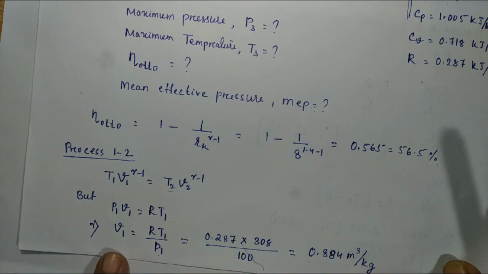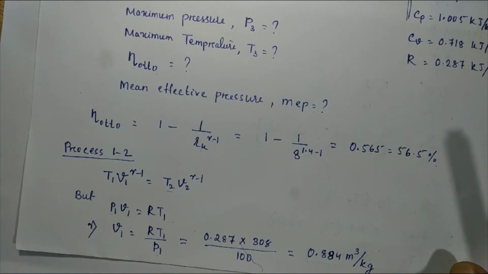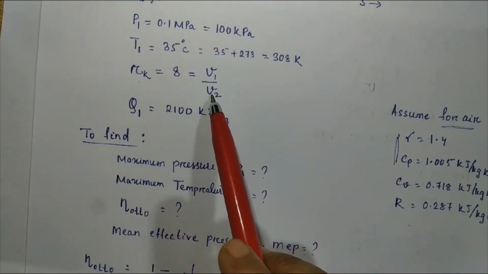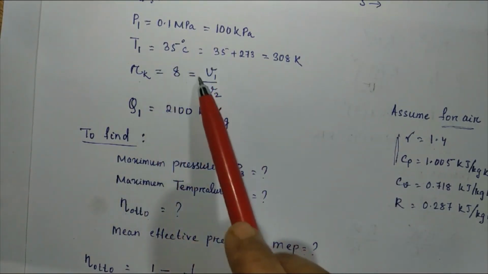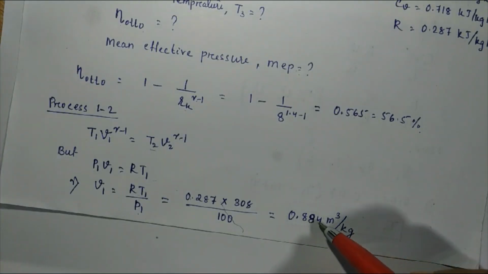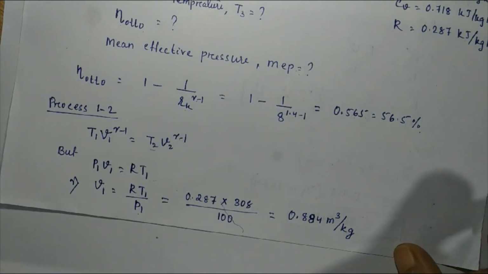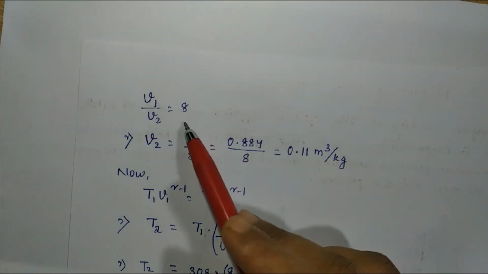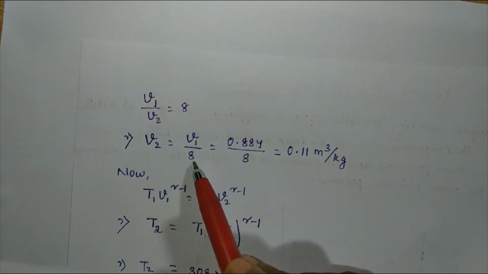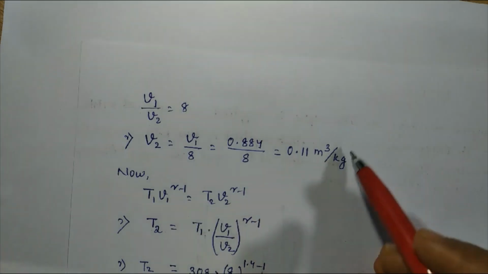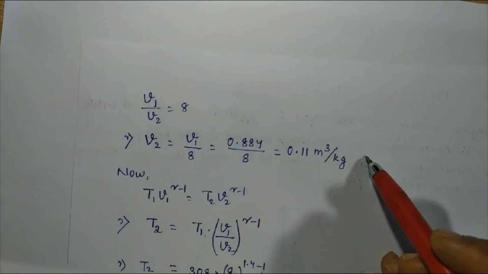As we have V1, we can get V2, because we have the relation rk equal to V1 by V2. rk is given, and V1 we calculated as 0.884. Substituting in V1 by V2 is equal to 8, V2 equals V1 by 8, that is 0.884 by 8, which is 0.11 meter cube per kg.